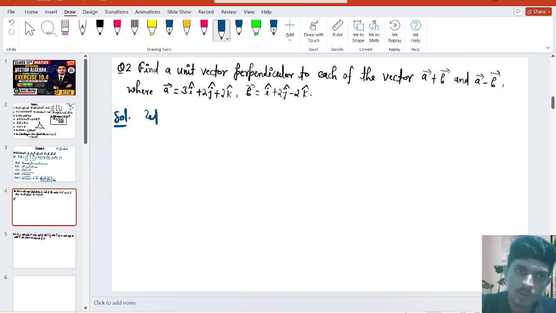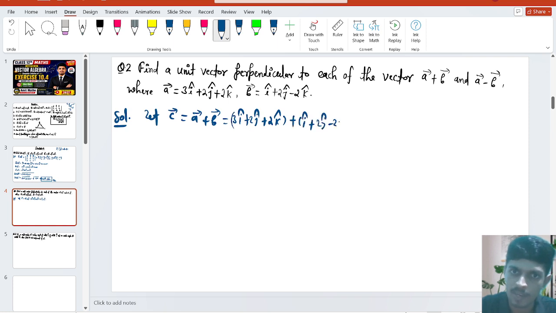Let vector C equal vector A plus vector B. Vector A is 3i cap plus 2j cap plus 2k cap, and this is vector B, i cap plus 2j cap minus 2k cap. Adding them, 3i cap plus i cap becomes 4i cap, and 2j cap plus 2j cap becomes 4j cap, and 2k cap minus 2k cap becomes 0k cap.